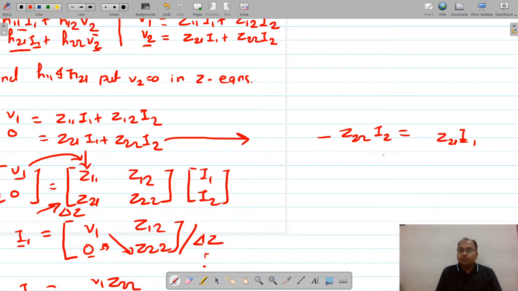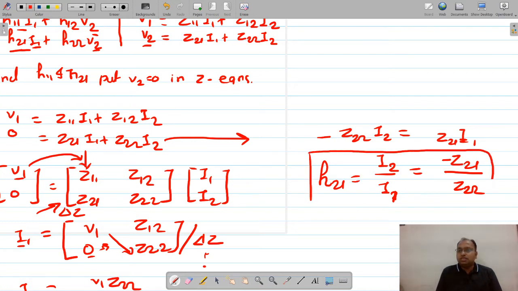Now let us take the ratio, so I2 by I1 becomes minus z21 divided by z22, and this is my h21. So we just simplified this equation, transferred the I2 term to one side of the equation, and then took the ratio of I2 to I1, and that gives me the second parameter in terms of z.